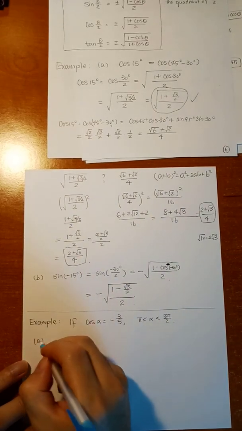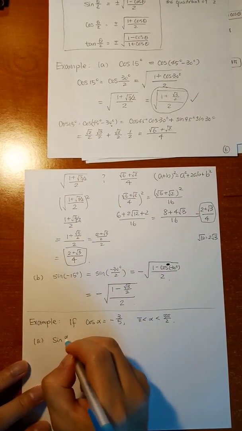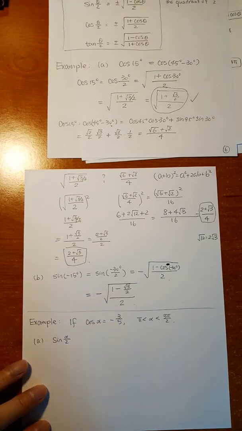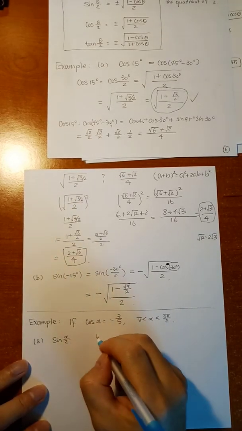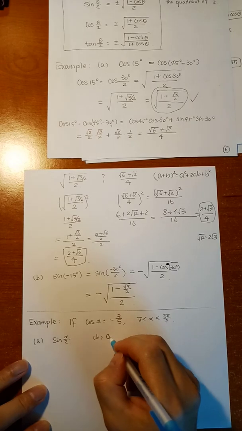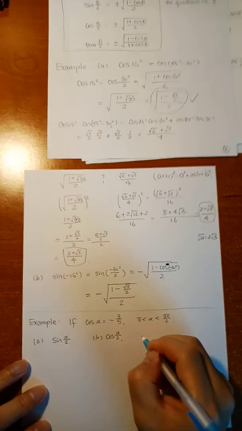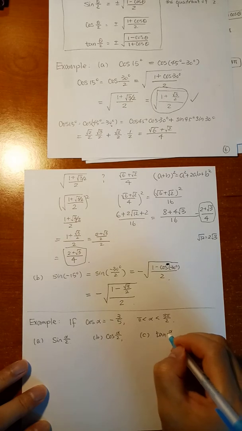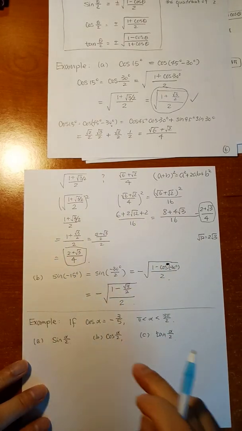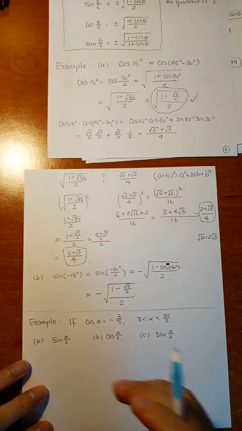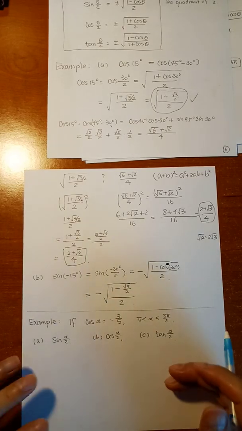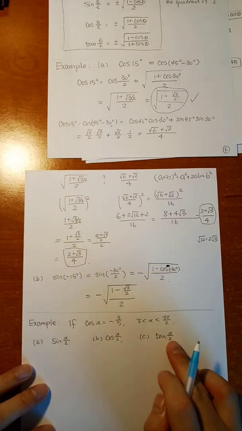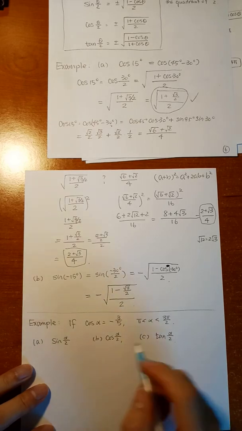A. Find sine of alpha over 2. B. Find cosine of alpha over 2. C. Find tangent of alpha over 2. Sine, cosine, and tangent of alpha over 2 all depend on the quadrant of alpha over 2, so we have to know the quadrant.